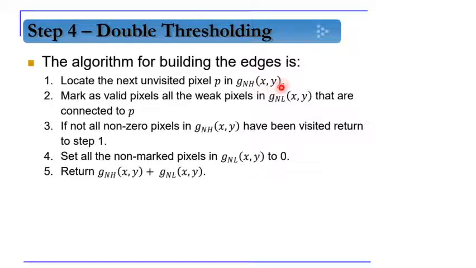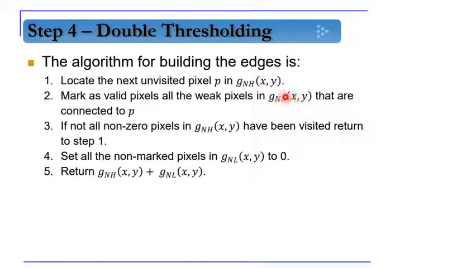If I take (x,y) as (10,10), I will be calculating it for gNH(10,10), that is pixel P, and for this pixel P, I am going to see the points around gNL(10,10). gNH(10,10) will be 1, because this is a true edge point, and it will be present in this image also.